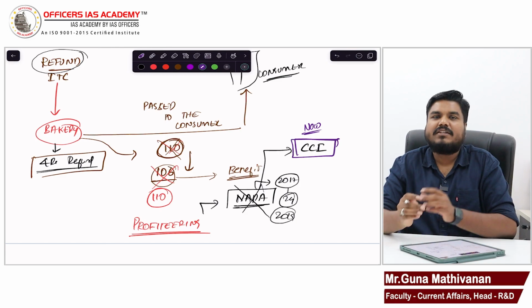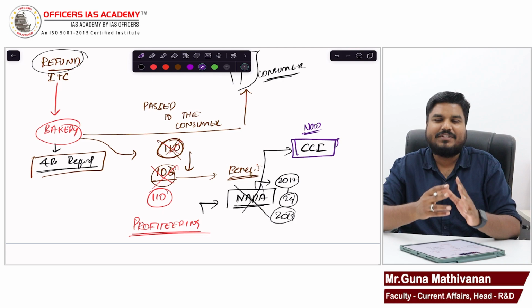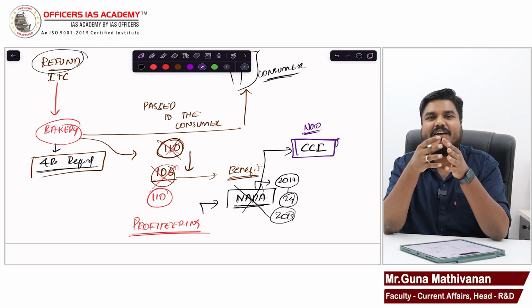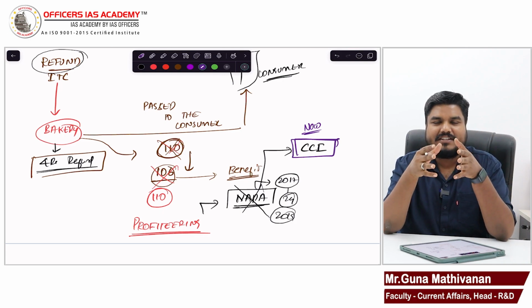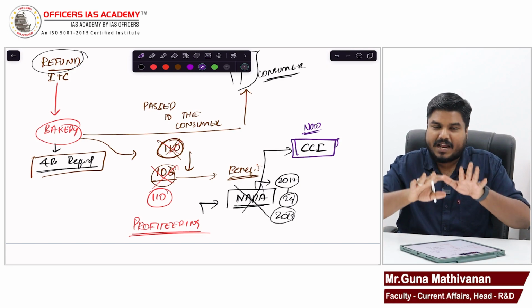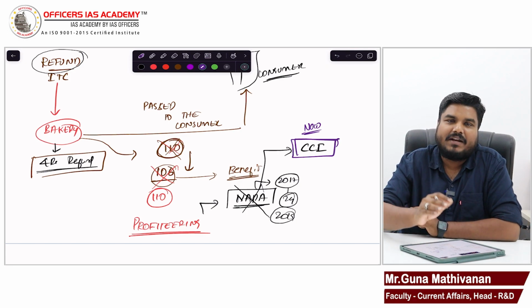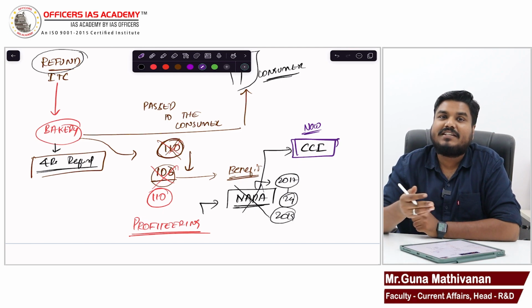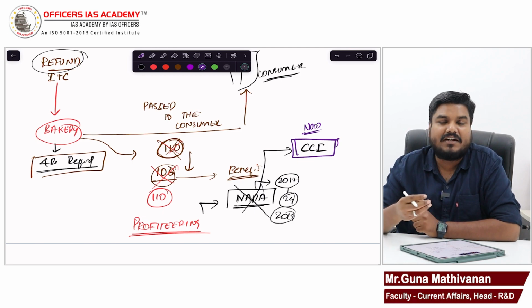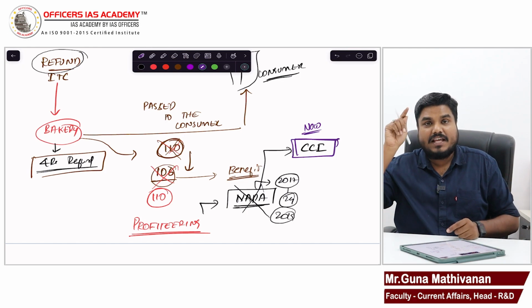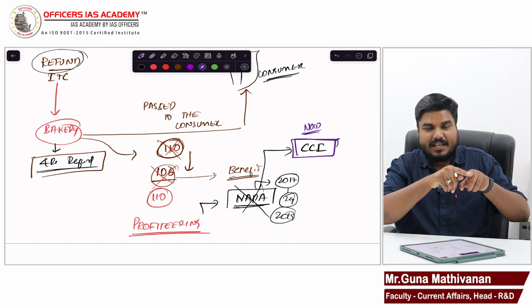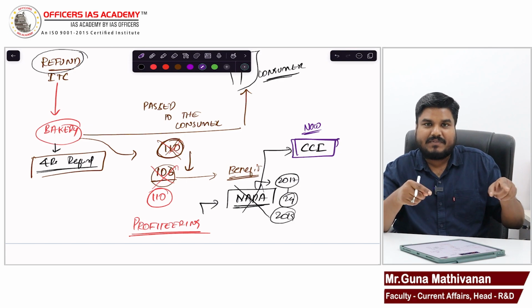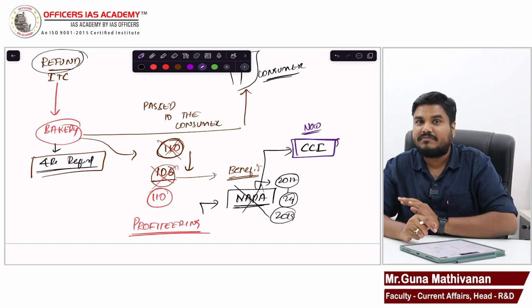I hope you got some clarity on how GST works. What is the difference between sales tax and VAT? What is the difference between VAT and GST? How is GST practically applied? What is this refund, the GST refund we all talk about? It is nothing but input tax credit. Whether the refund will go to the consumer or to the firms, the GST payers that we have discussed, it will not go to the consumer.